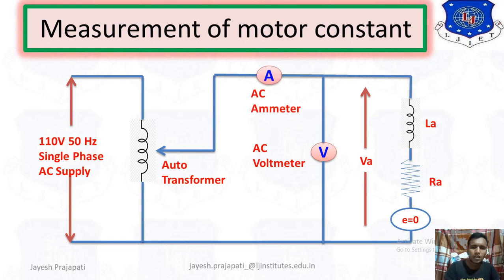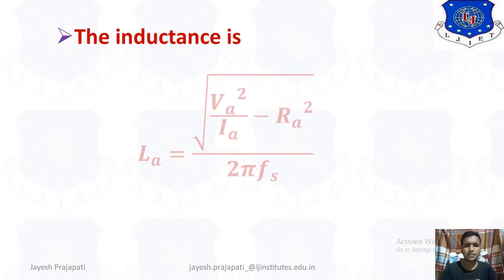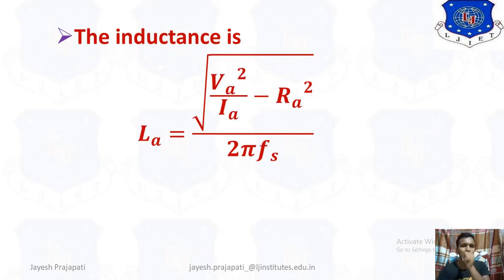Now an AC ammeter is used to measure the armature current, the total current that flows through the armature circuit. The inductance is given by this equation: La is equal to the square root of ((Va over Ia) squared minus Ra squared), divided by 2 pi Fs.